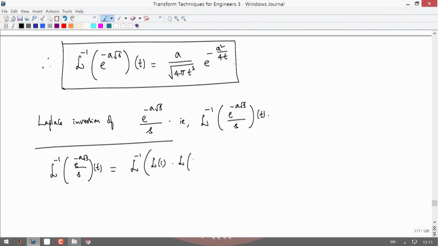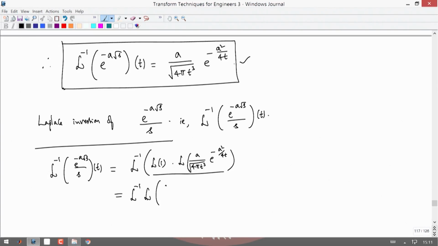So, you can write this L of a over the square root of 4 pi t cube, e power minus a square by 4t. So, this function, if you calculate the Laplace transform, that is e power minus a root s from this.